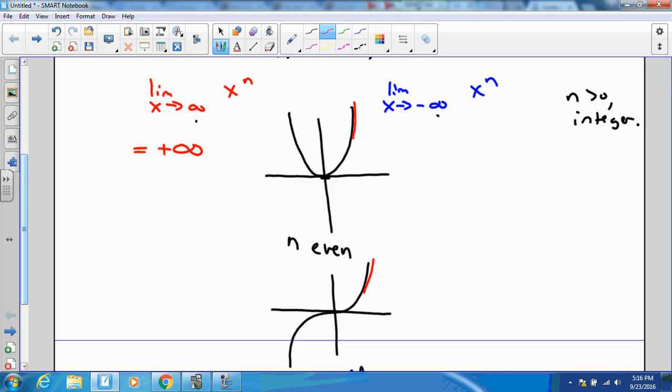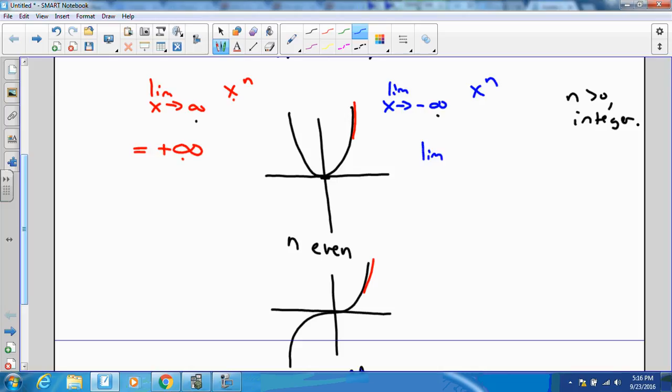You want to intuit this by imagining plugging in very large numbers for x, raising them to some positive integer power n, and of course when you do, you're going to get very, very large numbers. Over here, as x goes out to negative infinity, we have different behavior for even and odd.